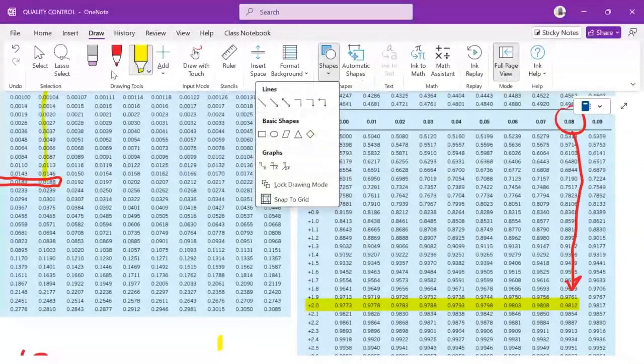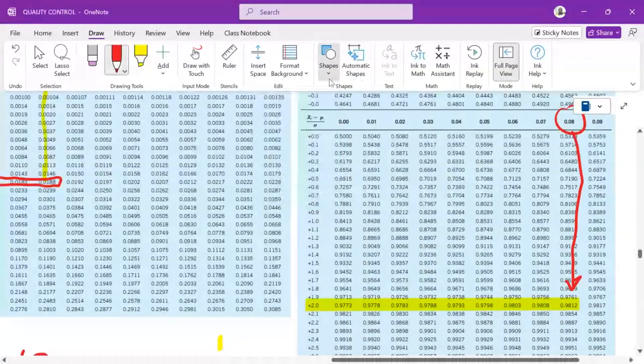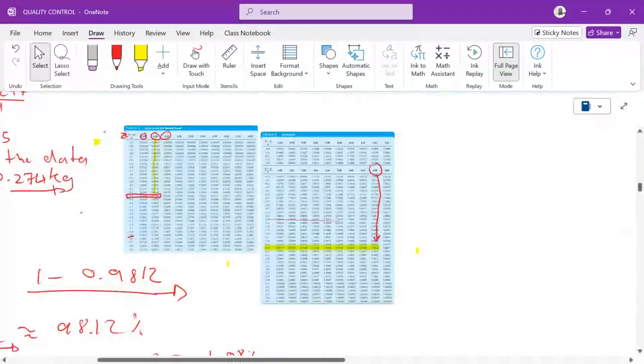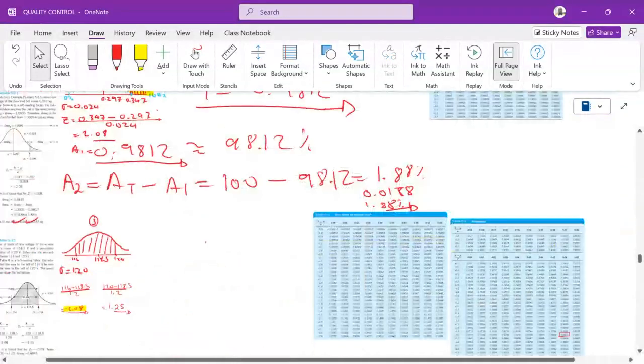It doesn't really matter much. 1.2, we are going to 1.5. You shouldn't erase it, of course. I'll put it at an angle so that I don't erase it. If you can't see it, what's the point of what you're doing? So that is 89.44.